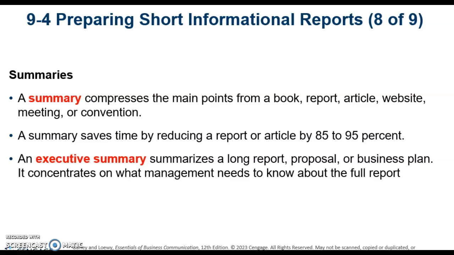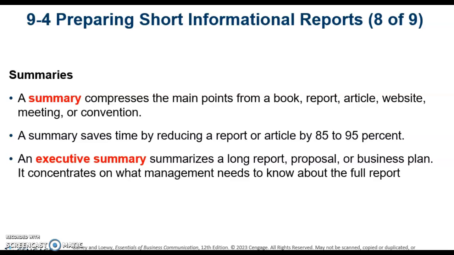A summary is the main points from a book report, a report, an article, a website, a meeting, or a convention. And it saves time by reducing a report or article by 85 to 95%.